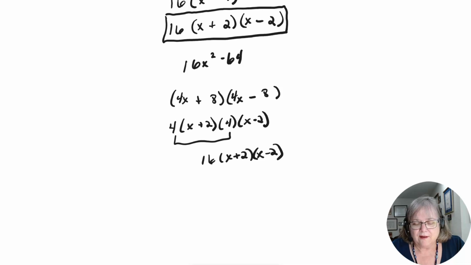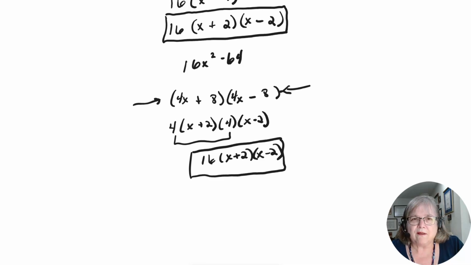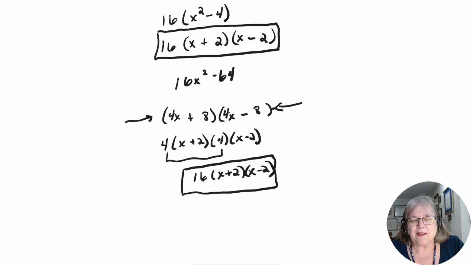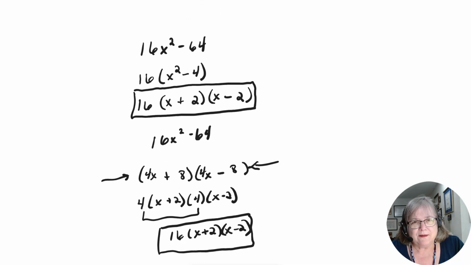And now it's fully factored. If you had stopped right here, you would have partial credit taken off. And if you're doing computerized homework, it probably just says, no, that's wrong. But if your teacher's grading it, they probably just give you partial credit because you're only partially to the end. So this little part about is there anything in common to factor out can save you points if you'll train yourself to be sure and look for that at the beginning.